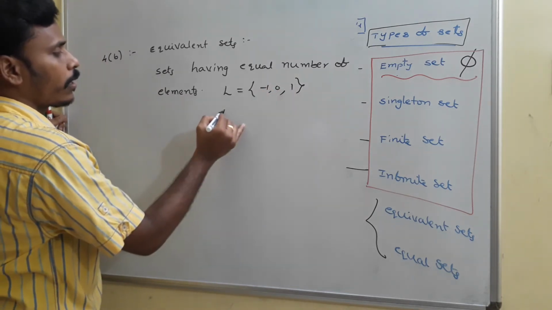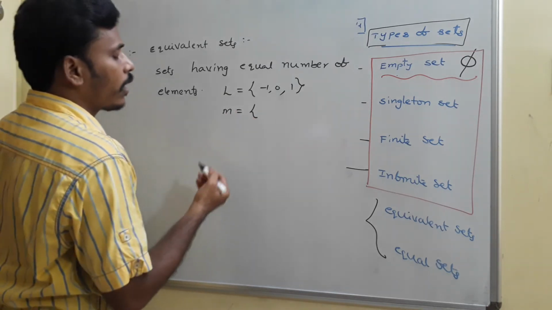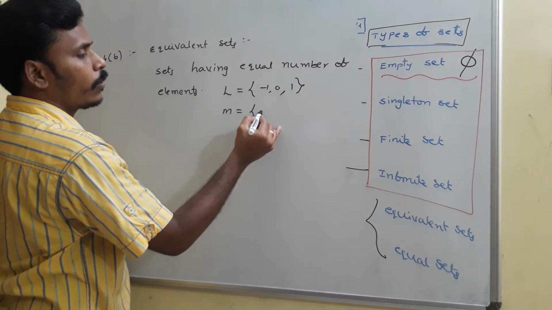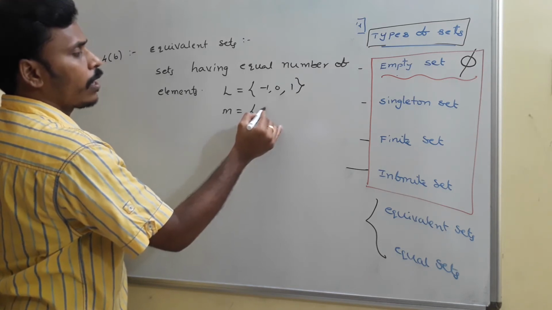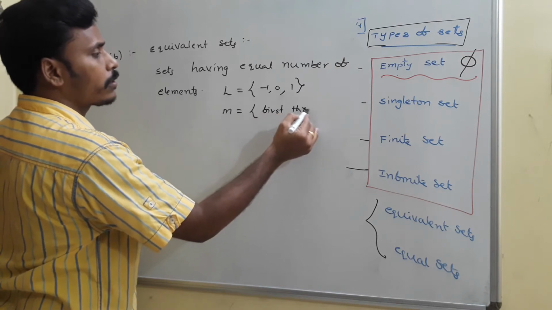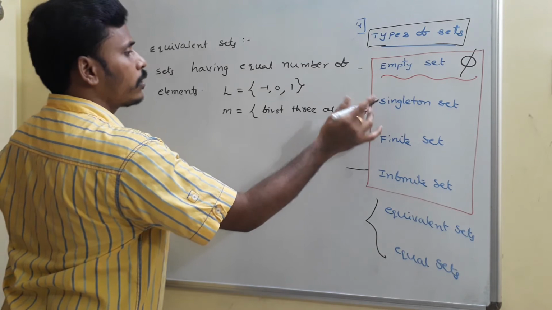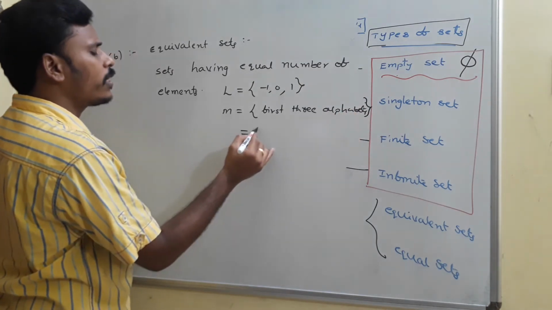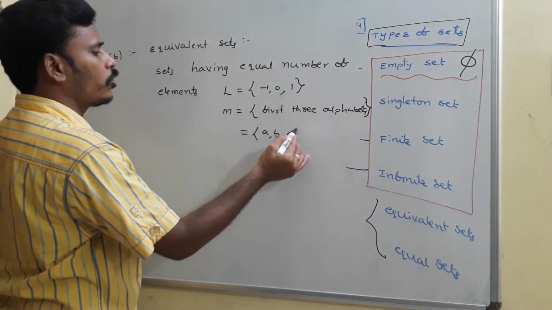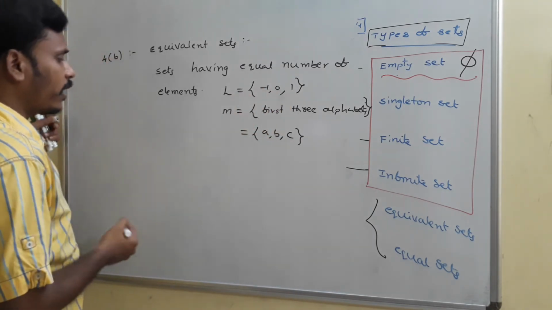And M is a set containing the first 3 alphabets. What are the first 3 alphabets? They are nothing but A, B, C. L is a set containing 3 elements. M is a set containing 3 elements.